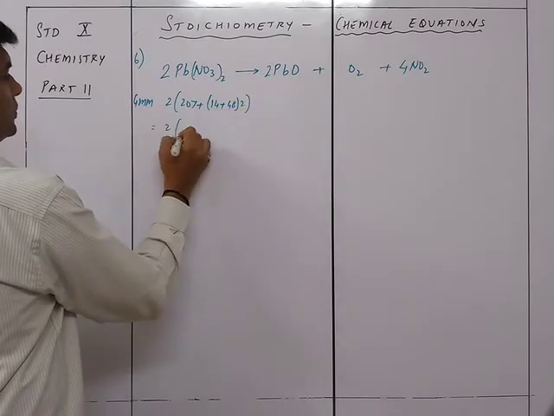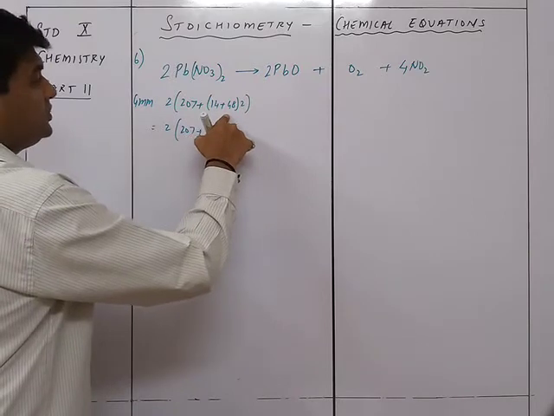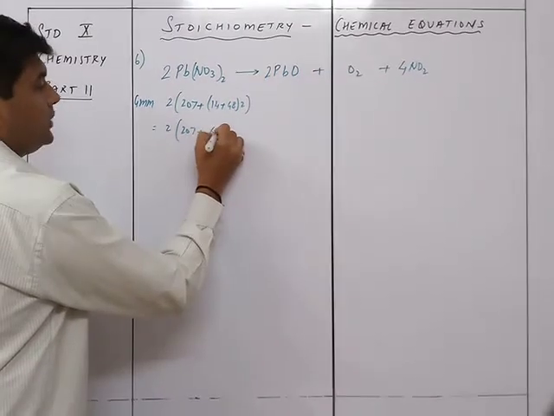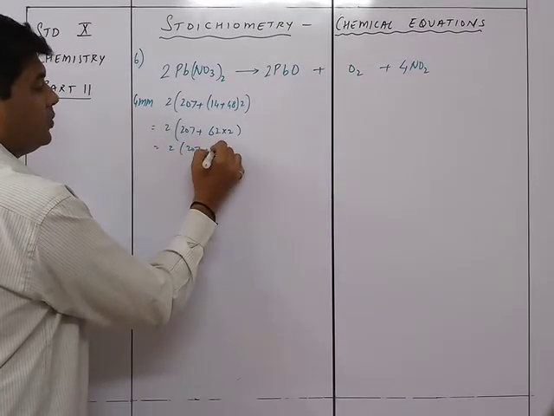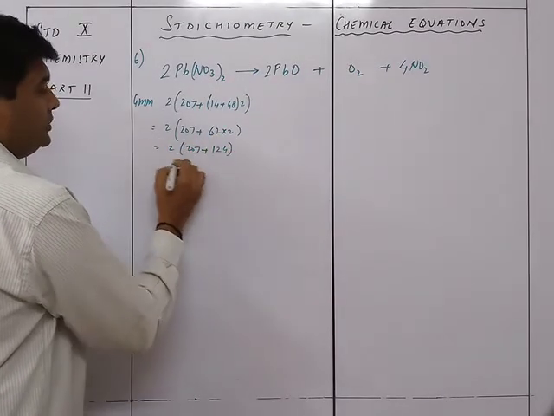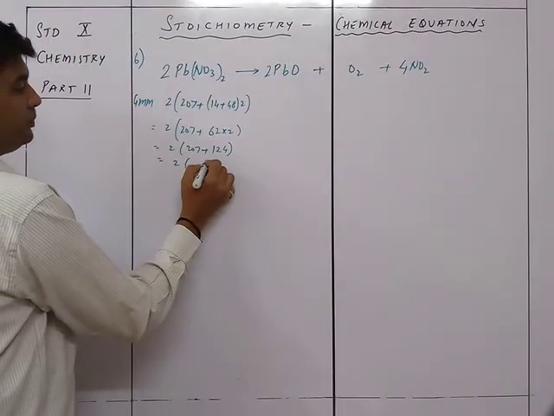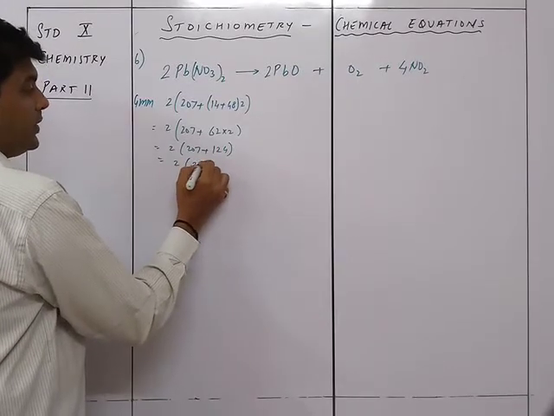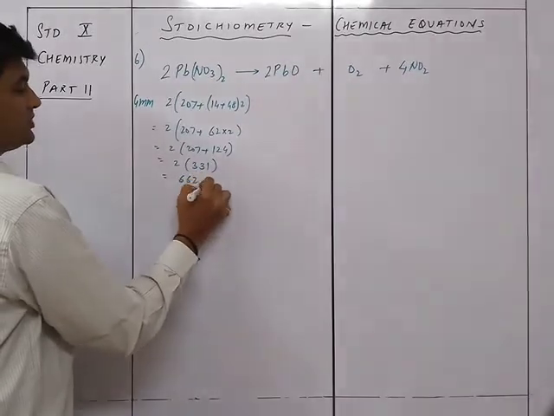So it is 2 into 207 plus, this is 62 into 2, that is 2 into 207 plus 124. So that will be 2 into 331, that is 662 grams.